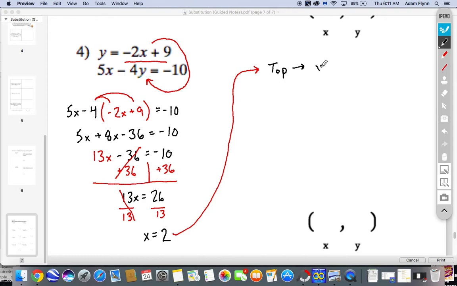So for the top equation, I have y equals negative 2, but instead of x, I'm plugging in a positive 2, plus 9. Okay, so I have y equals negative 2 times 2, which is going to be negative 4. Then bring down the plus 9. And negative 4 plus 9 is going to be a positive 5, so I'll get y equals 5. So these two lines are going to cross at the point 2, 5.